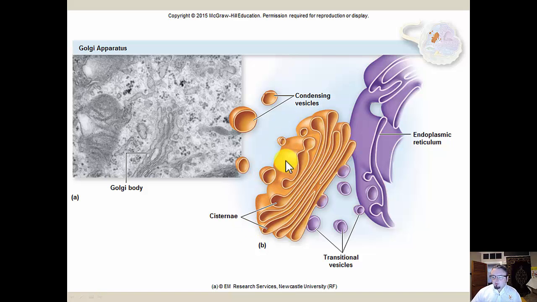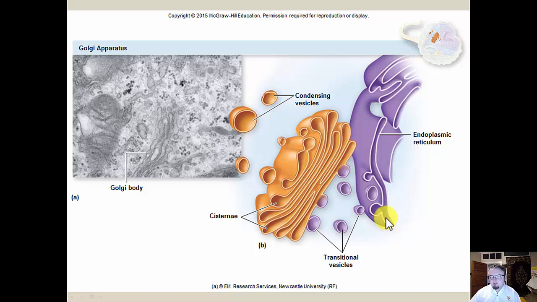So these proteins are fused into the Golgi apparatus, and then they're literally modified and repackaged as they come out the other side. So over here, they're transitioning out of the Golgi apparatus. And inside here, not shown, you would now have modified and repackaged products that are ready to be sent to wherever they're supposed to go within the cell.